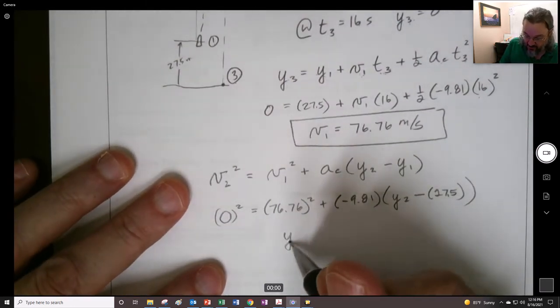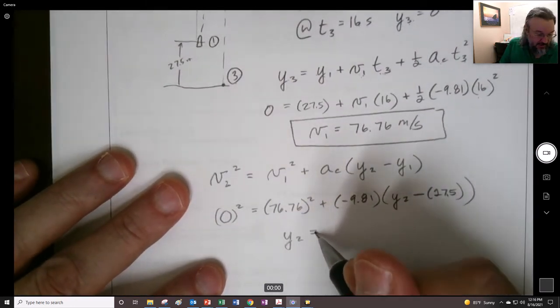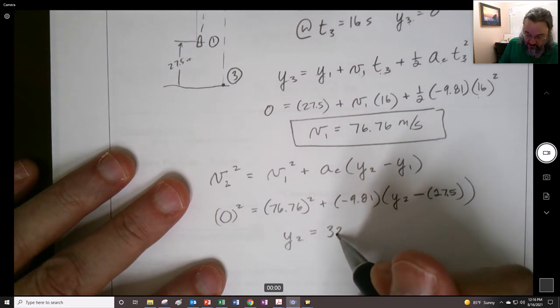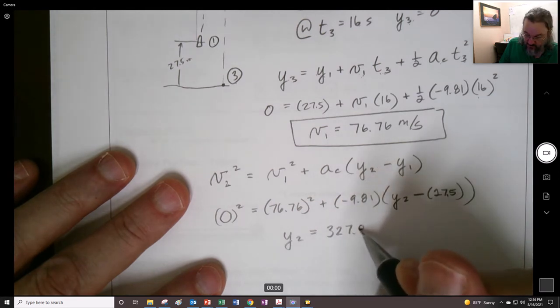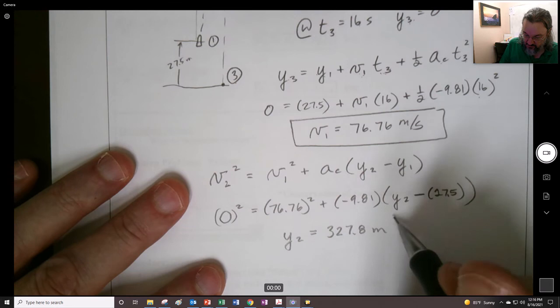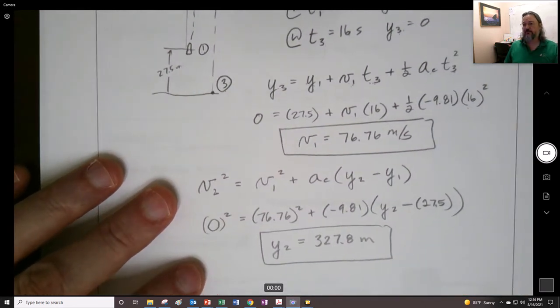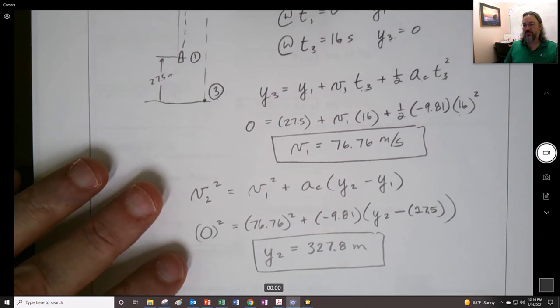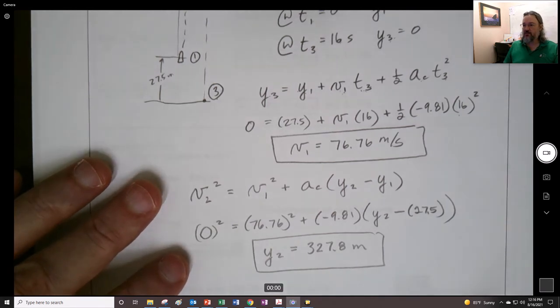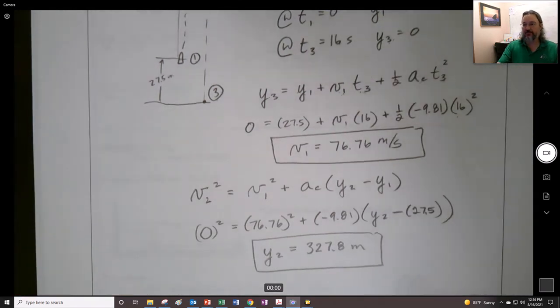And what we end up finding is that y2 is equal to 327.8 meters. And that's the answer.